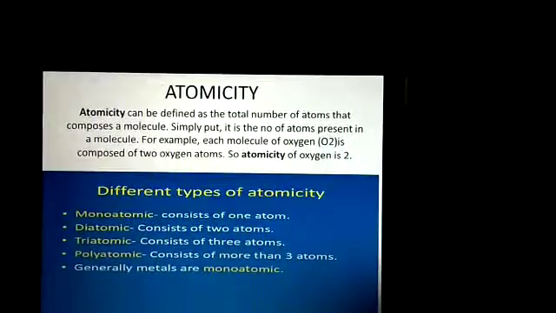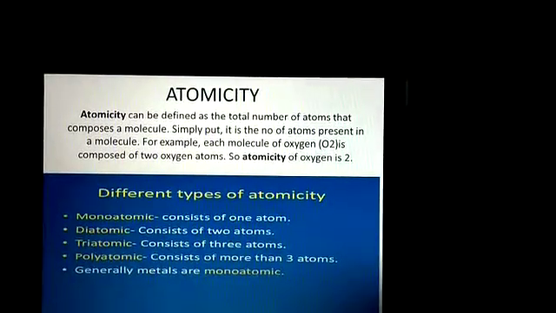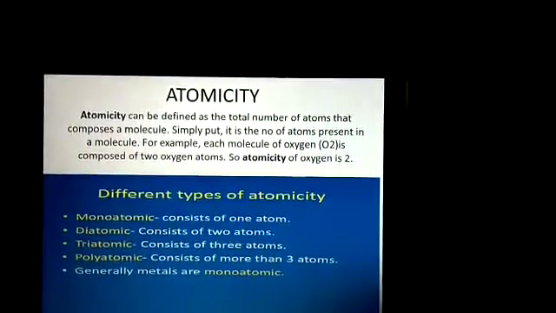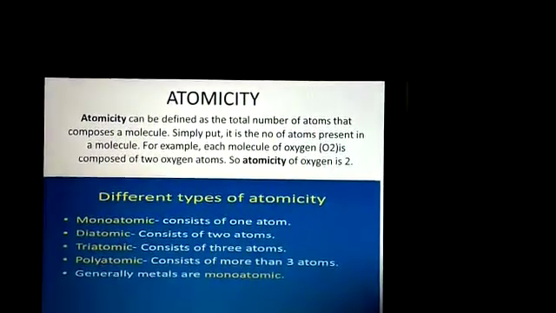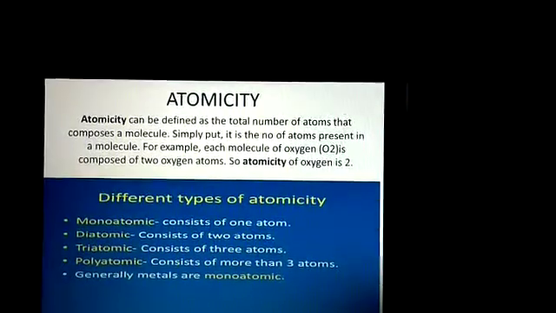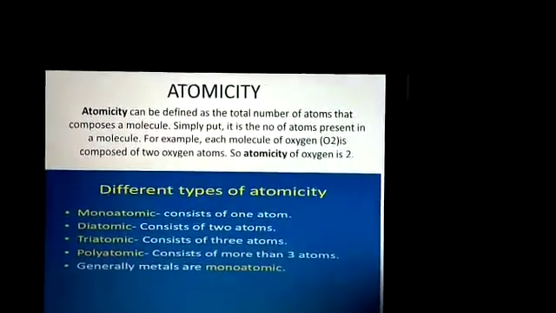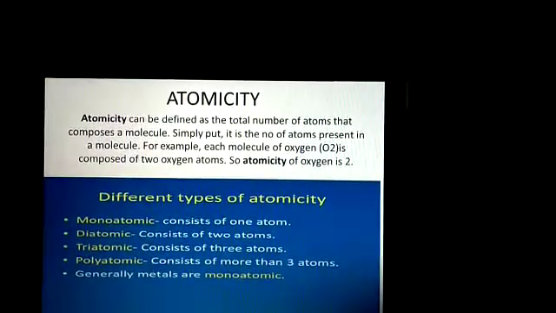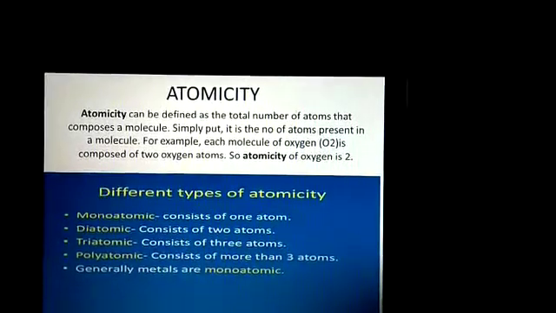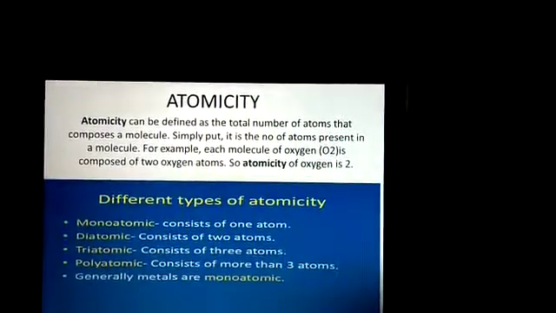Monoatomic means consisting of only one atom. Diatomic molecules consist of 2 atoms. Triatomic means consisting of 3 atoms. And polyatomic molecules consist of more than 3 atoms. Generally, all metals are monoatomic, meaning all the metal elements exist as a single unit.